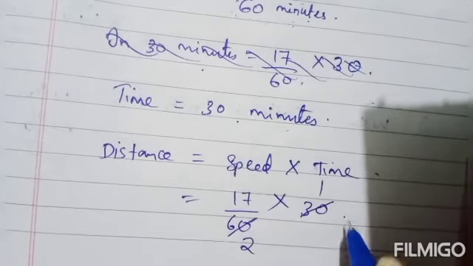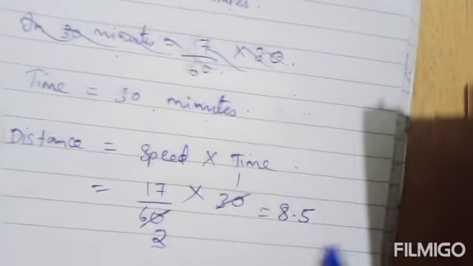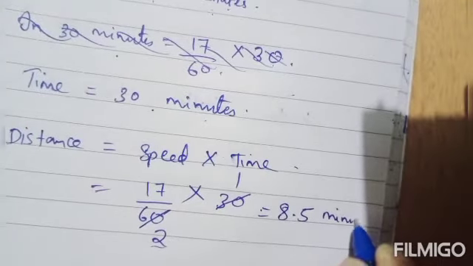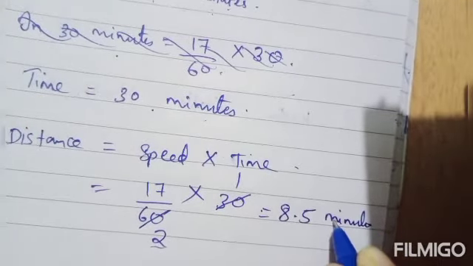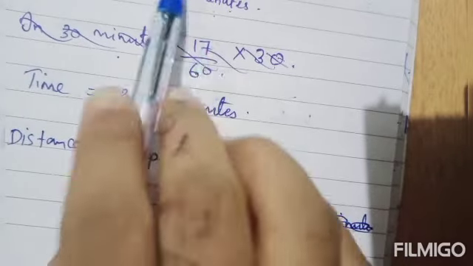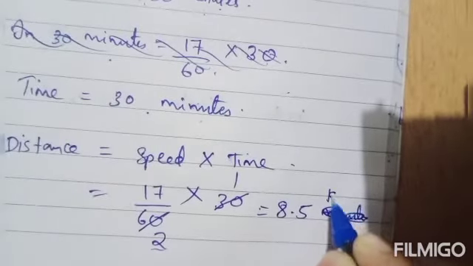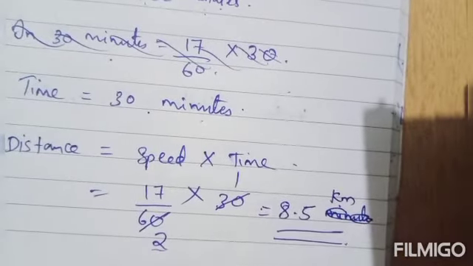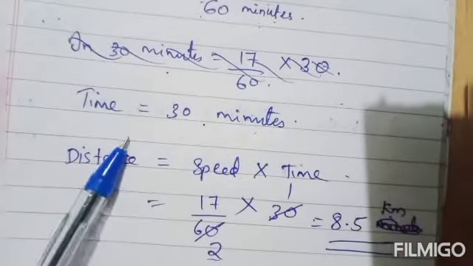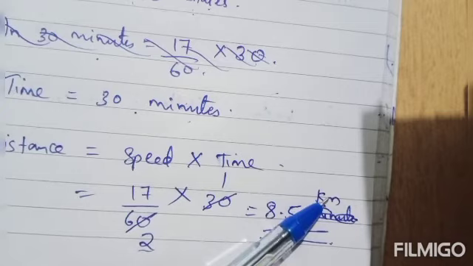Here 1, here 2. So 17 divided by 2, you will get 8.5. This is distance, no? Kilometer, here we took kilometer. So 8.5 kilometer. In 30 minutes that train will travel 8.5 kilometer.